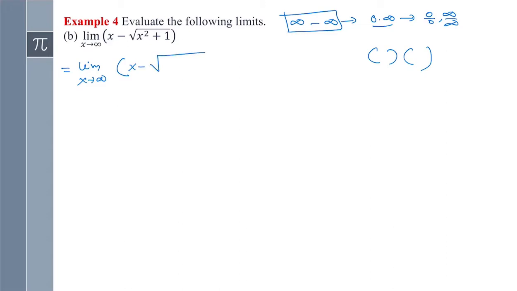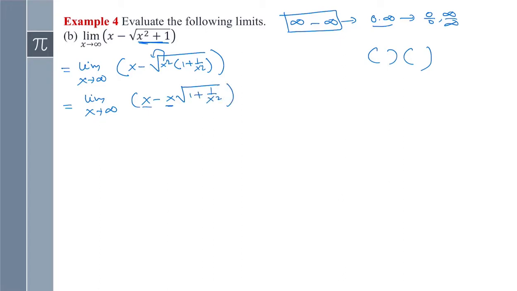Okay, let's factor out x squared here. So we have 1 plus 1 over x squared, if I factor out x squared from here, okay? Now, if I bring that x squared out of the root, then we get x minus x square root of 1 plus 1 over x squared.